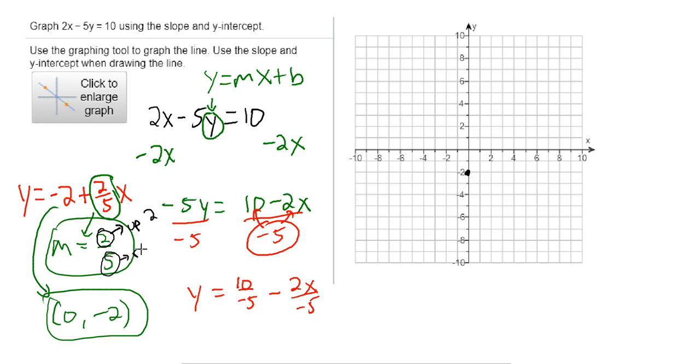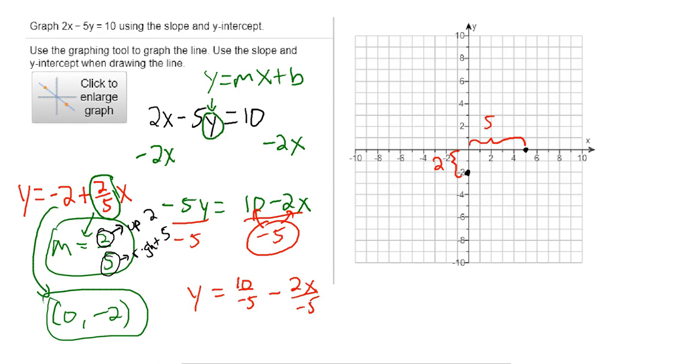The bottom number is +5, so I will go to the right 5. By following that set of directions, I will find a second point. Starting from 0, -2, I'm going to go up 2, and then to the right 5. And I end up here at this point, at 5, 0.